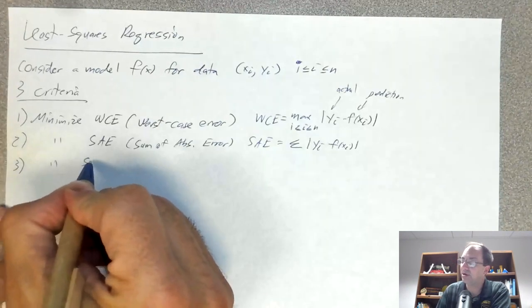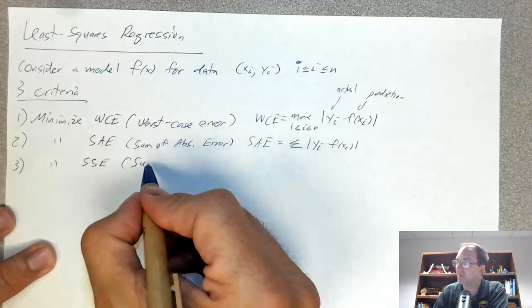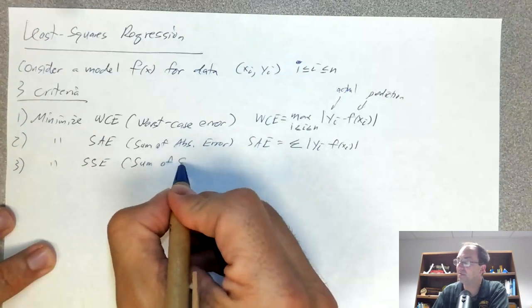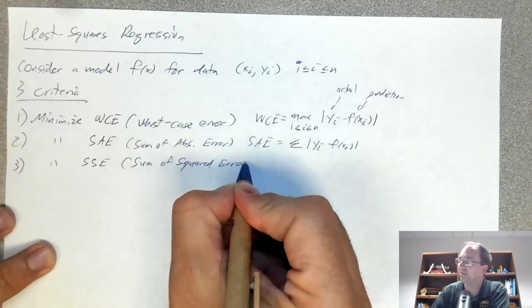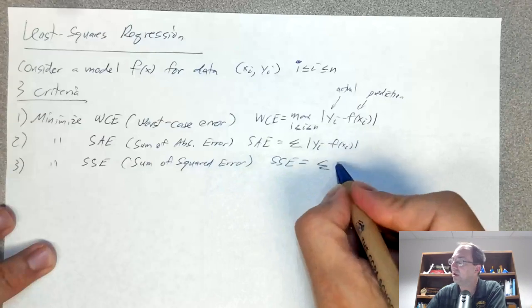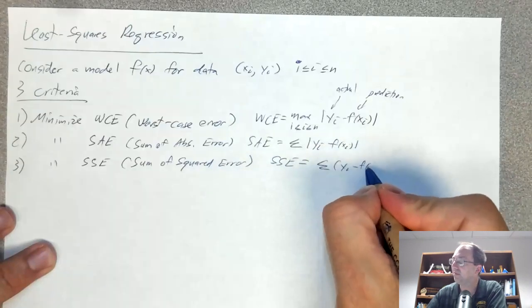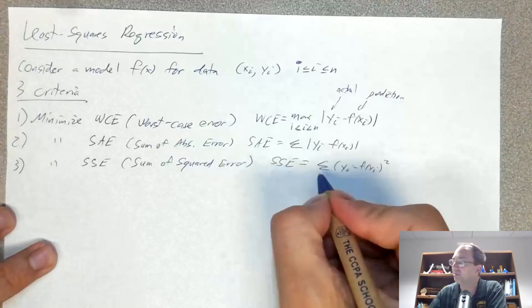Number 3 criteria is similar, but instead of finding the sum of the absolute error, I'm finding the sum of the squared error, which might seem a little odd at first. So here's the formula. So I have the sum of y sub i minus f of x sub i, that difference squared, and I'm summing over all those from 1 to n.